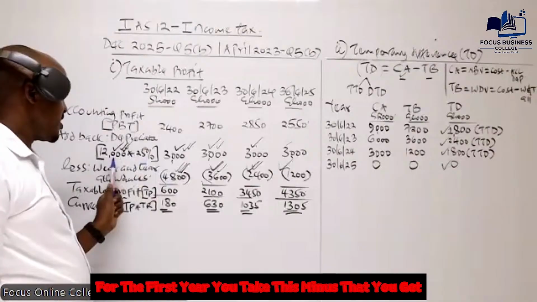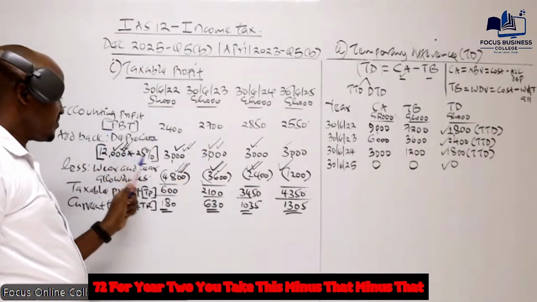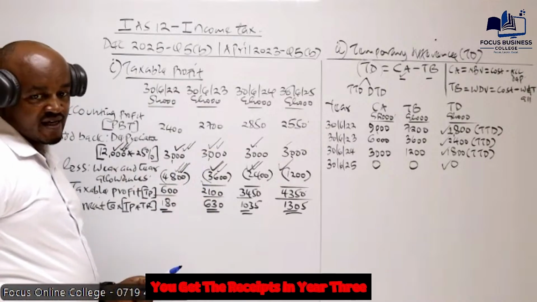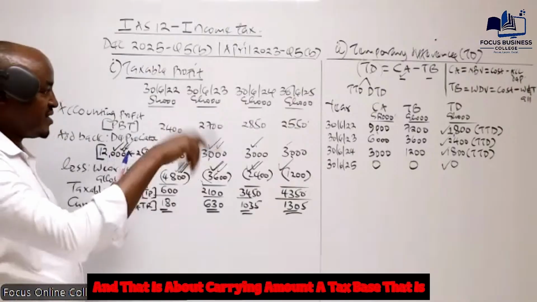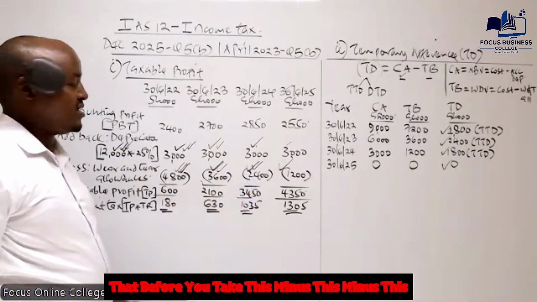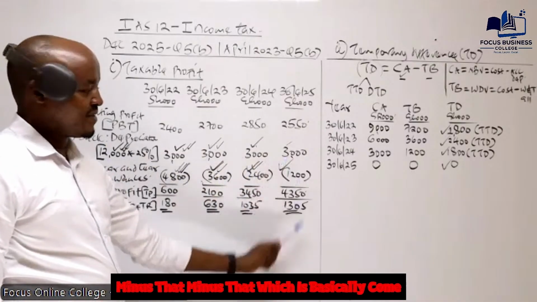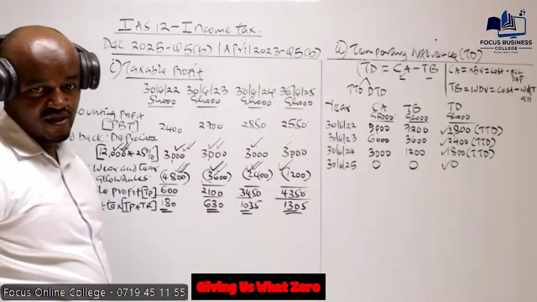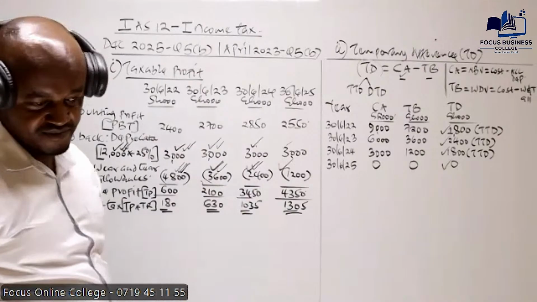For the first year, you take this minus that, you get 72. For year two, you take this minus that, you get 36. In year three, you take this minus that, minus that. Year four, you take this minus this, minus that, which is basically giving us 0 units. I hope that is now clear.